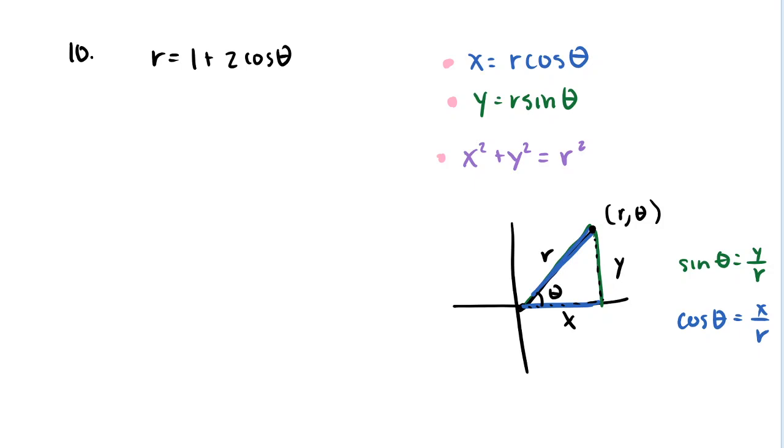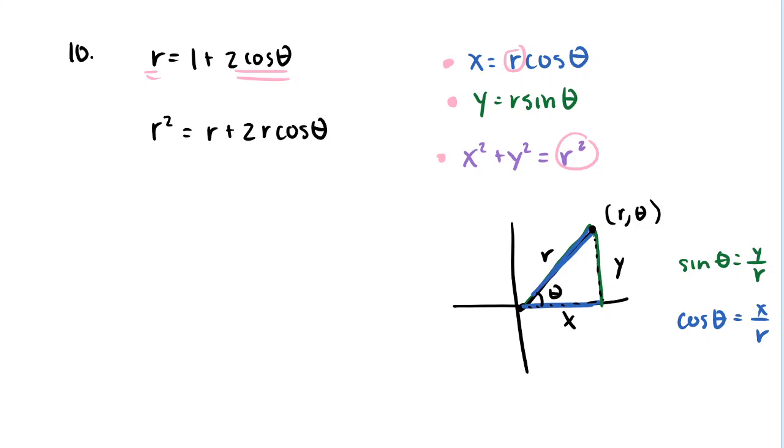And so here, one thing I can imagine doing is, I see this cosine of theta, and I would prefer for that cosine to have a factor of r with it. I also see this r, and I would rather have this r be an r squared, so that I can convert it to an x squared plus y squared. And so if I multiply throughout this equation by r, I get r squared is equal to r plus 2r cosine of theta.